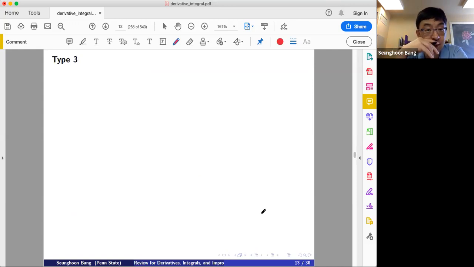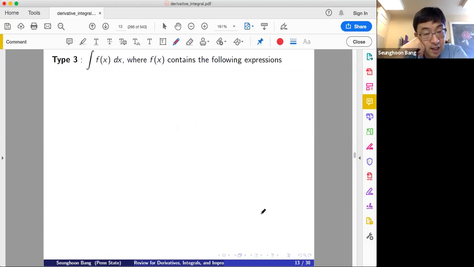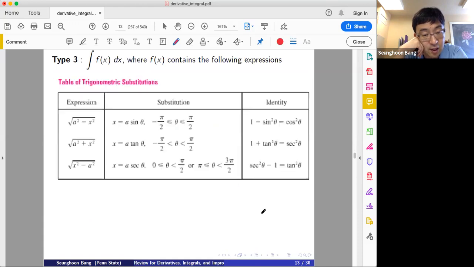Case by case. Type 3, the integral of f of x dx where f of x contains the following expressions. For the a squared minus x squared form, x is a sine theta. For the a squared plus x squared form, you can use a tangent theta.